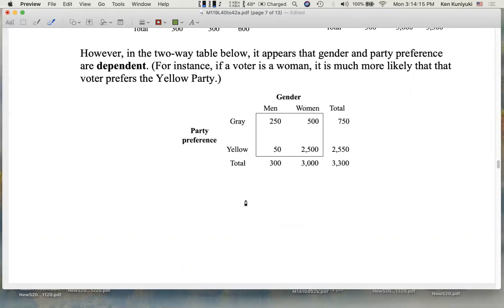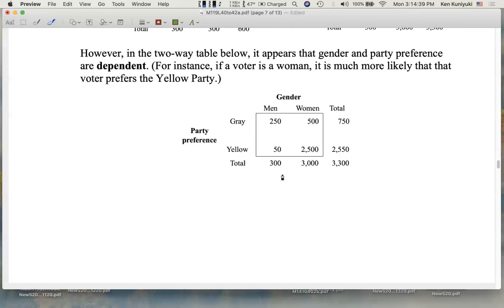So if I tell you that gender, that can tell you something about the party preference in terms of probabilities. If I tell you that the person is a gray voter, then there's a 2 to 1 chance that person is a woman. If I tell you that the person is a yellow voter, wow, there's a 50 to 1 chance that the person is a woman. Now, in both cases, there are more women than men. I mean, still, it's like the Amazons.